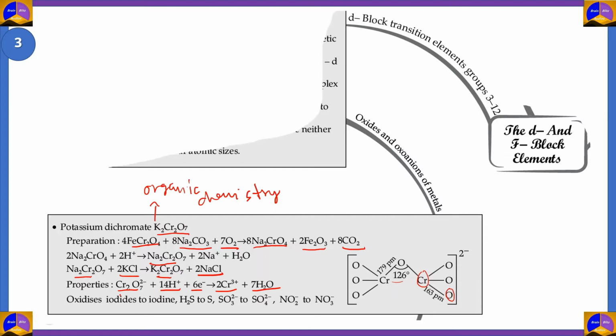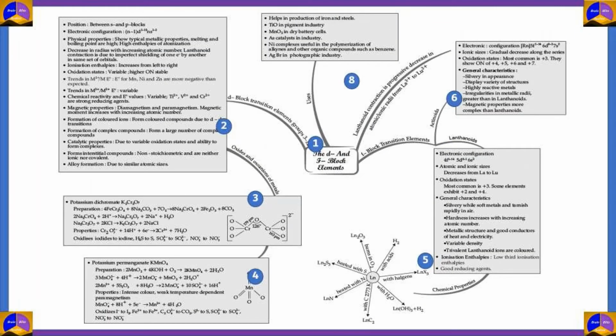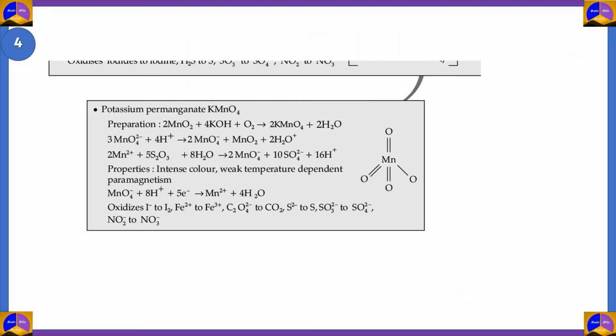Next, we'll move on to another powerful oxidizing agent. This is known as KMnO4. So KMnO4. How do you prepare KMnO4? KMnO4 is prepared by the fusion of MnO2 with potassium hydroxide, which is an alkali metal hydroxide, and an oxidizing agent like KNO3.